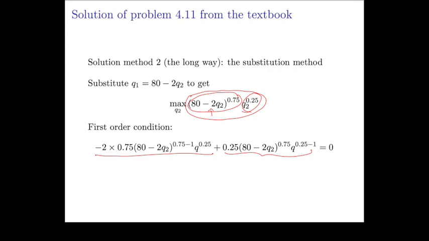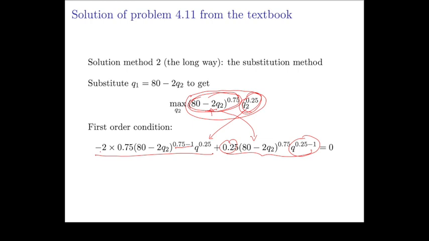We use the chain rule, and we've got a minus 2 in here, so we get minus 2 times the derivative of this with respect to q2, so we get 0.75 using the exponent rule times 80 minus 2q2 to the 0.75 minus 1, and this q2 to the 0.25 just comes down here as if it were a constant. Now we do the second term. We take the derivative of q2 to the 0.25, so we get 0.25 times q2 to the 0.25 minus 1, and this part shows up as if it were a constant.